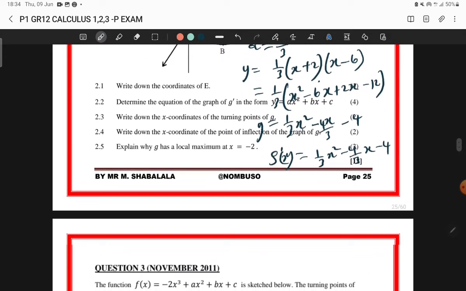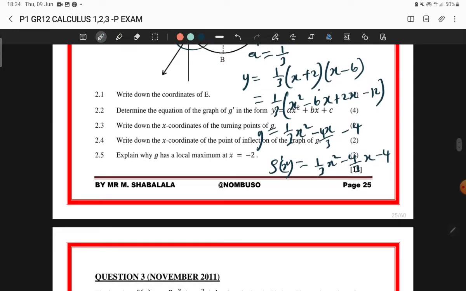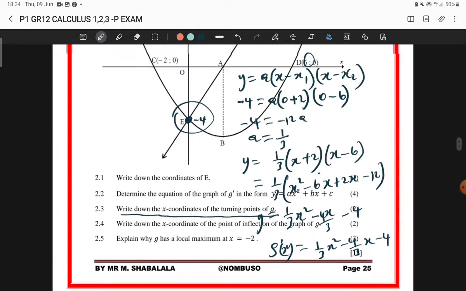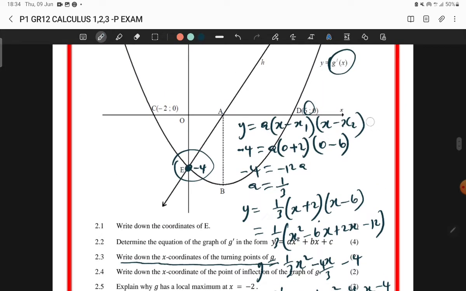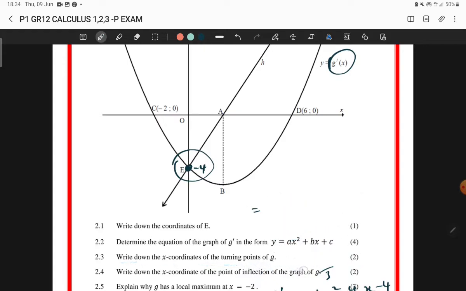Now moving to the next question, write down the x coordinate of the turning point of g. Remember, g is the equation of the cubic function. Now we are given the derivative, which is g prime, equal to 1 over 3 x squared minus 4 over 3 x minus 4.